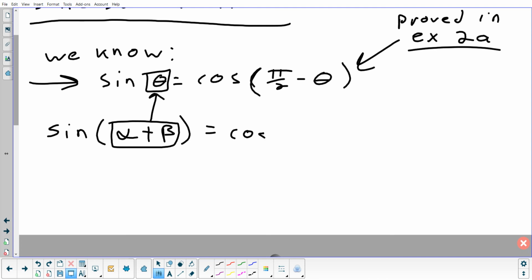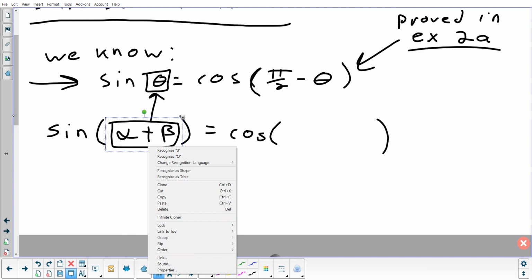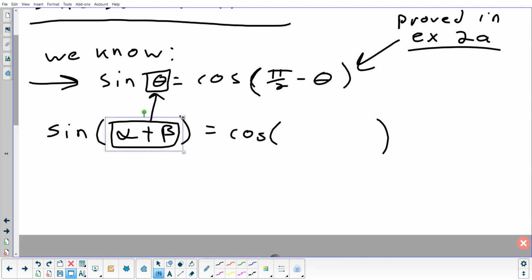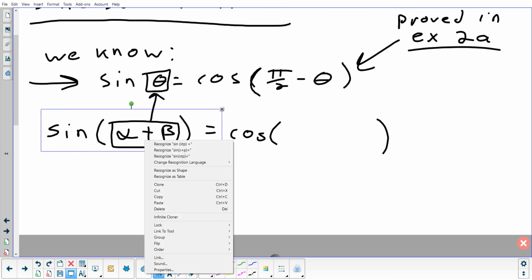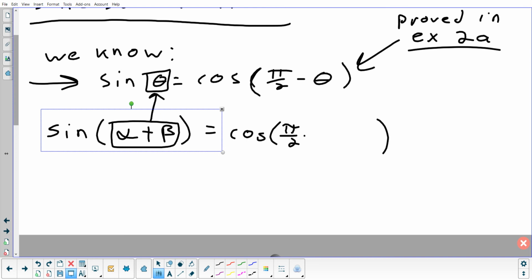So I'm going to have cosine of, and everywhere you see a theta, I want you to replace it with what we're trying to figure out: alpha plus beta. Anything else stays right where it is. Just replace the variable with what we're plugging in. So pi over 2 minus alpha plus beta.